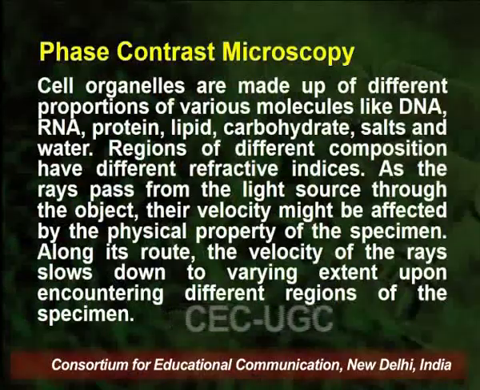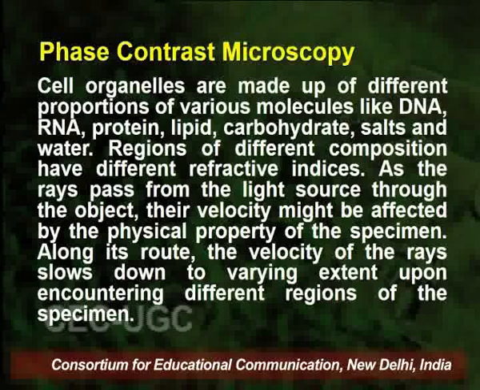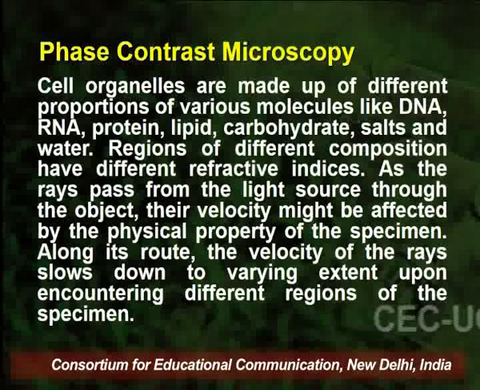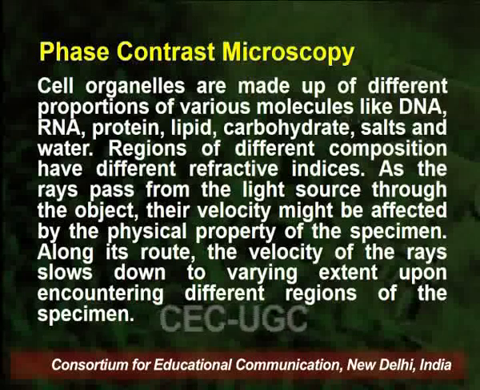The cell organelles are made up of different proportions of various molecules like DNA, RNA, protein, lipids, carbohydrates, salts and water. The regions of different composition have different refractive indices. As the rays pass from the light source through the object, their velocity might be affected by the physical properties of the specimen.